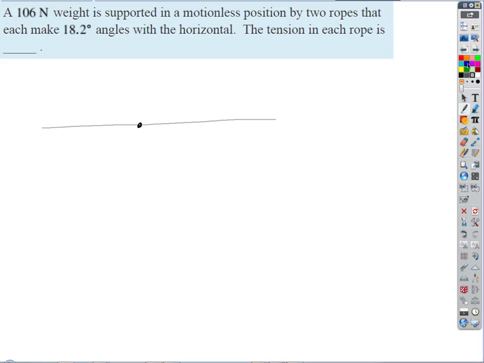So we get this. There's T, and that's 18.2, and there's T, and that's 18.2. And then what's the other force acting? Yeah, the weight. The weight's pulling straight down.